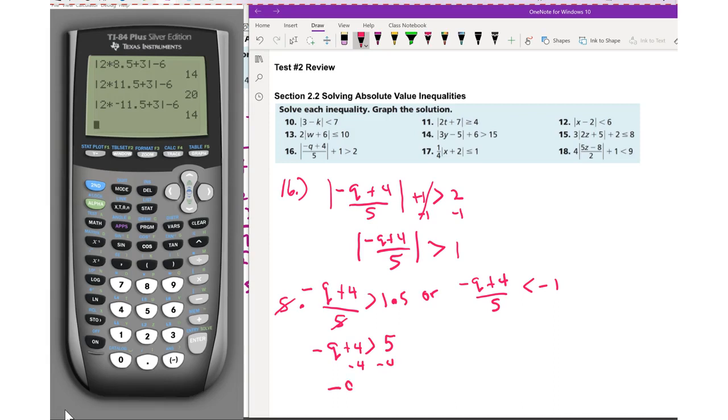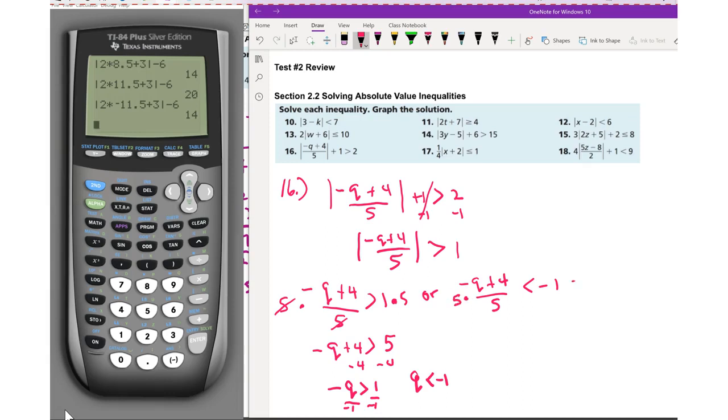So you have negative q is greater than 1. Divide by negative 1, and you notice when you divide by a negative, the inequality is going to change. So it's not greater than, it's less than negative 1.